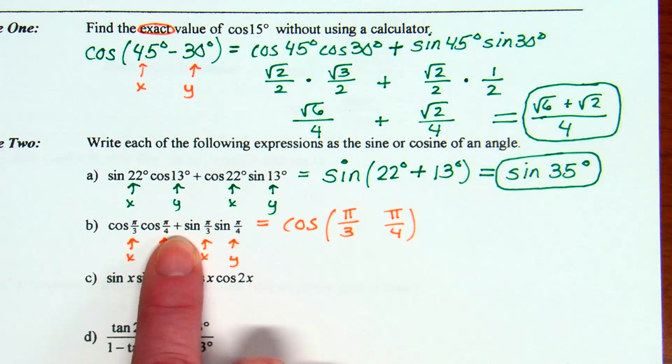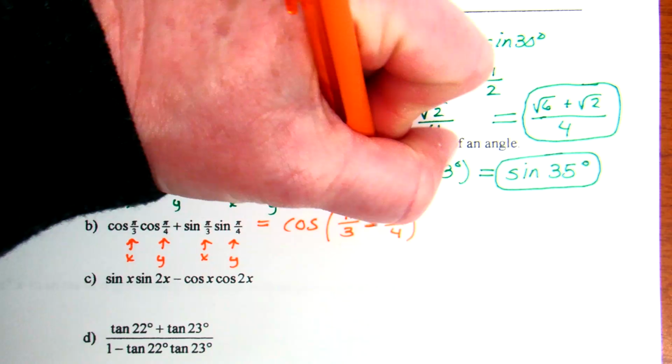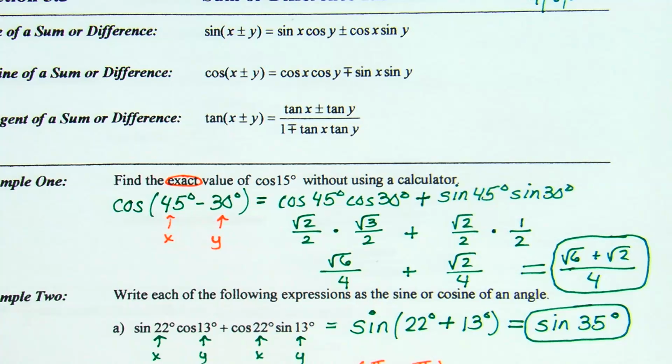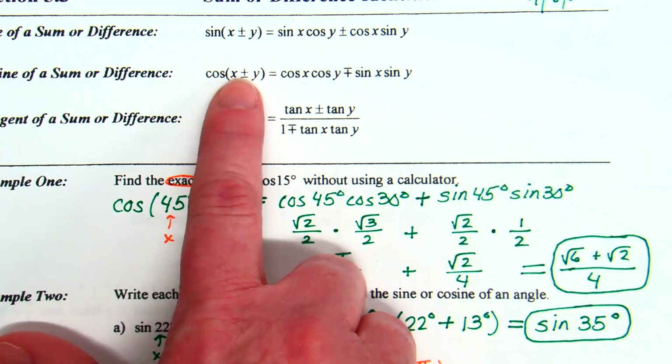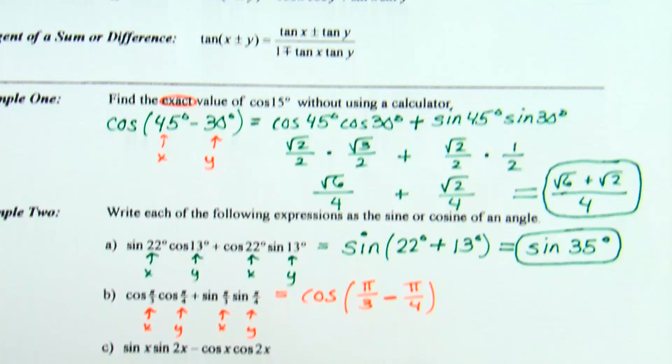There's a plus sign here, but cosine is opposite. If you go back up, in the cosine it's plus minus here and minus plus here. So you use the opposite sign of what is provided. Since plus is provided here, we're using minus.